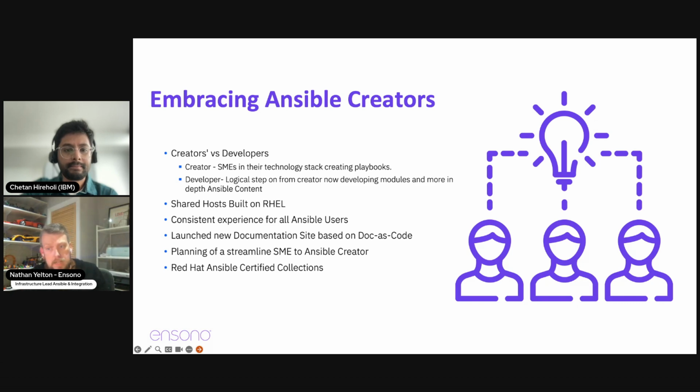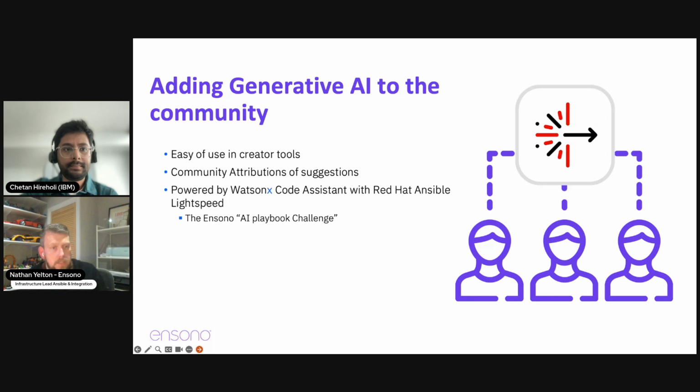If you move on to the next slide, this is where we started working with, and I apologize because I talk to it from both the Red Hat and IBM side, what I call Ansible Lightspeed, or WCA for Ansible Lightspeed. I apologize if I mix them up through this. What we discovered is that adding this technology into the creator tools gave us some great advantages in onboarding those SMEs at speed.